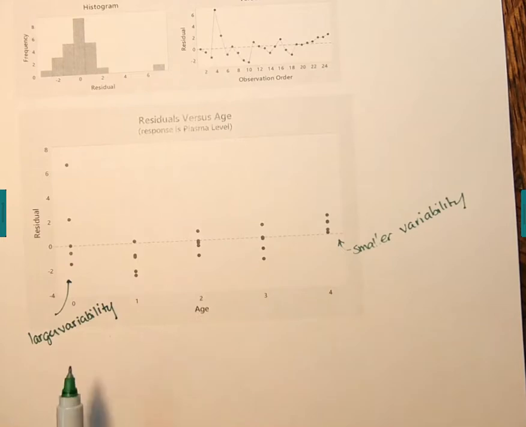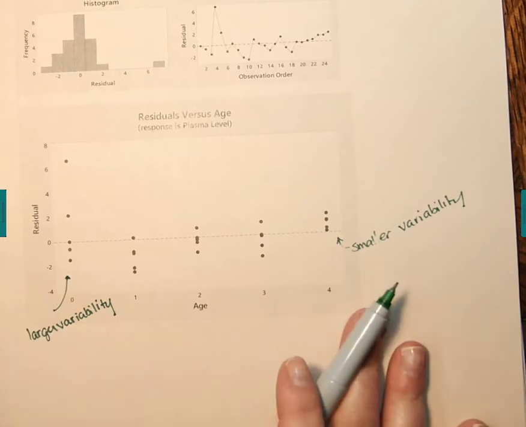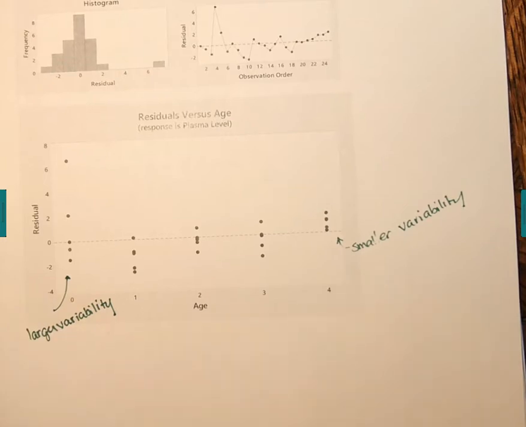Since age is our explanatory variable, we find that the variance of the residual, and remember the variance of the residual helps us estimate the variance of the error term, is larger for low ages versus the higher. In other words, this would suggest heteroscedasticity.